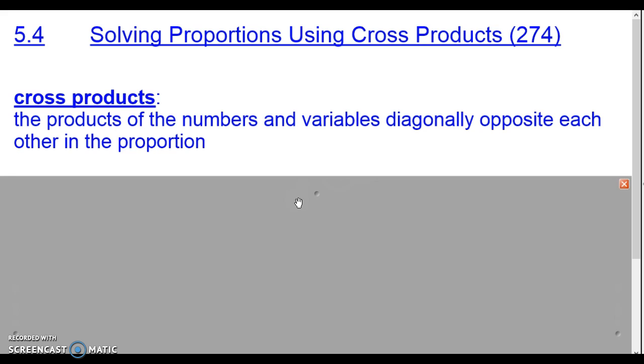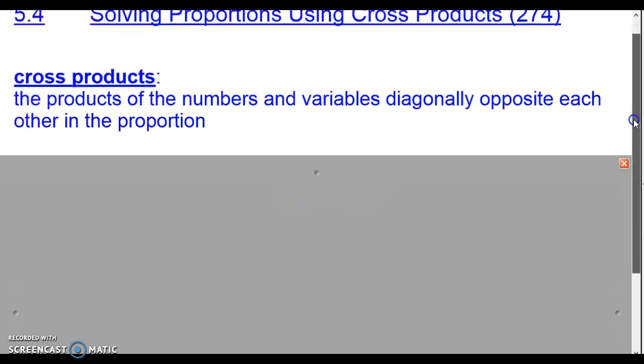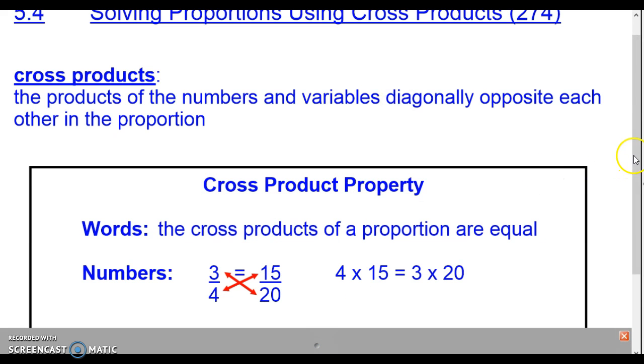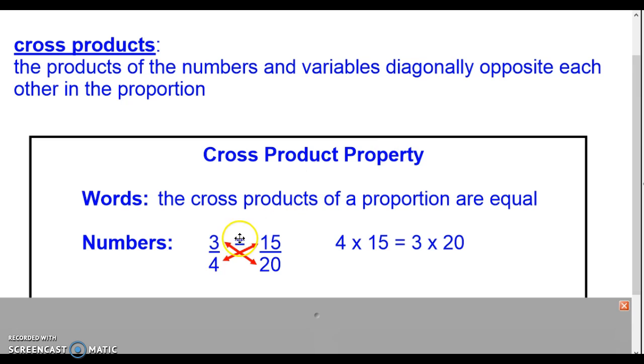A cross product is a product of numbers and variables diagonally opposite each other in the proportion. So this will make more sense once I give you guys an example. So let's look at this example right here. 3/4 equals 15/20.